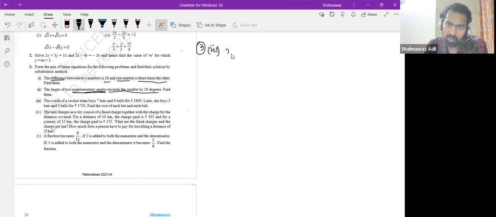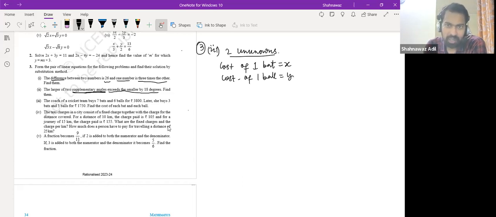So what are the two unknowns in this question? The bat and the ball. Yes. So the cost of one bat, let's say it's x, and the cost of one ball, let's say y.